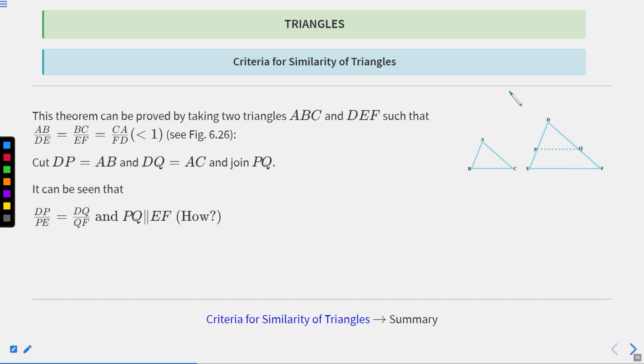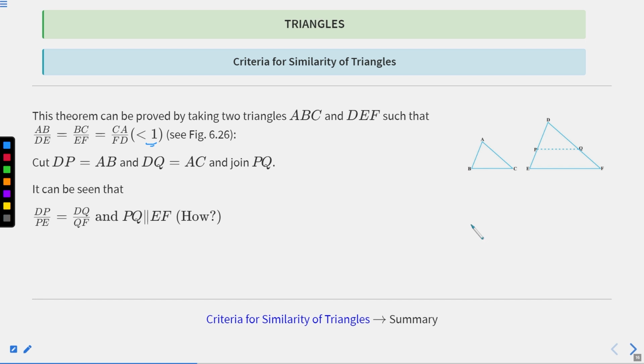So their corresponding sides are in the same ratio, and this ratio is less than 1. Now cut DP equal to AB, and DQ equal to AC, and join P and Q. Then DP over PE is equal to DQ over QF.